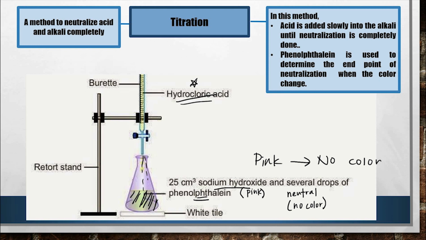So all of it has been neutralized, which means the solution here will be neutral. So once you have noticed that all the phenolphthalein has become no color, then you switch off the burette in order to record how much hydrochloric acid is used to neutralize 25 cm cubed of sodium hydroxide. So this is the whole experiment for titration.